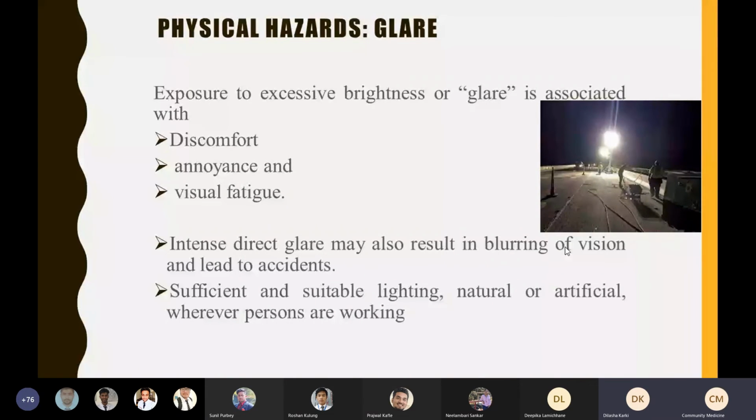Intense direct glare may also result in blurring of the vision, and as there is a high glare, there is a chance of having an accident. So definitely the required and suitable amount of light should be provided for the workers.